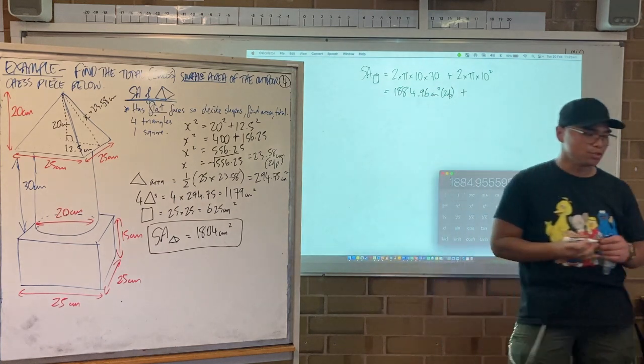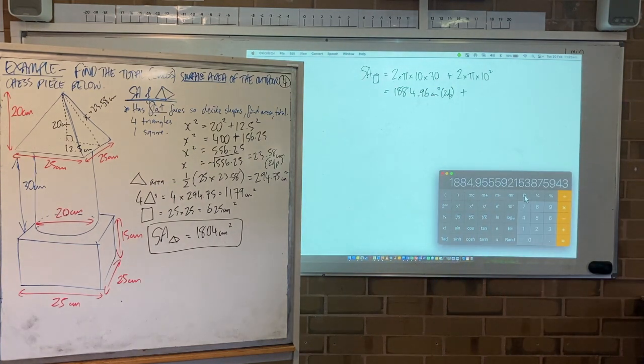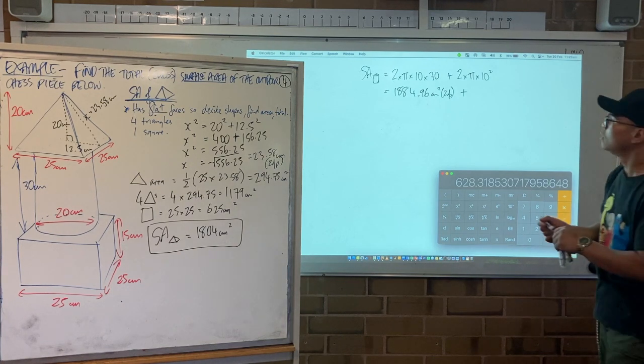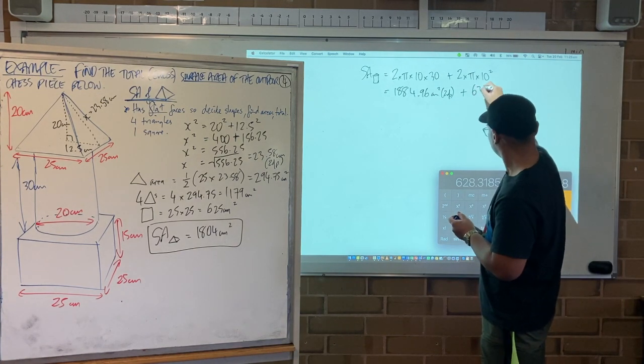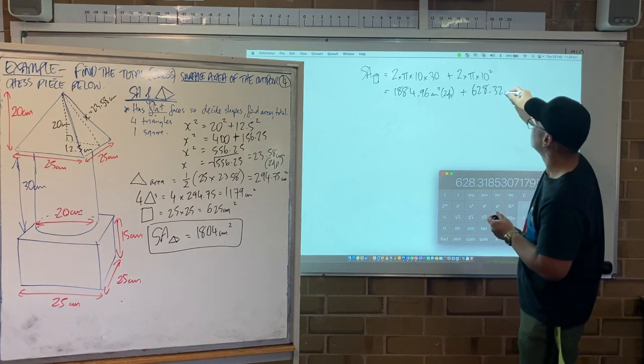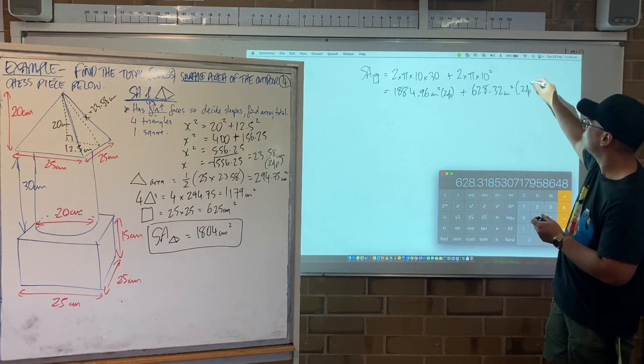And then I need to do the 2 circles on the top and the bottom. 2 times pi times 10 squared, which is 100. That's 628.32 square centimeters to 2 decimal points.